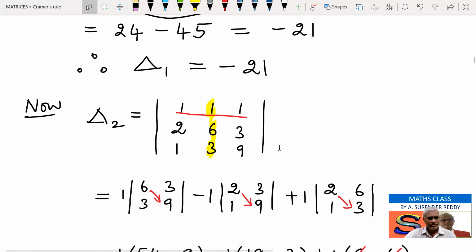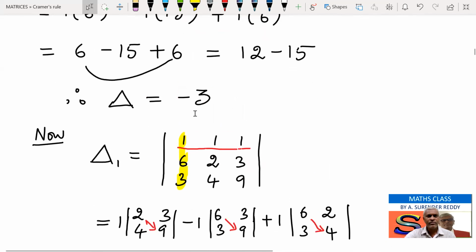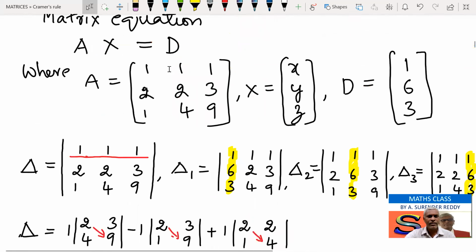Similarly, delta 2. So what is delta 2? Replacing the second column in A with D. So in place of 1 2 4, we take 1 6 3. So that becomes delta 2.